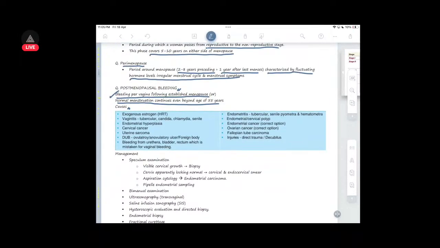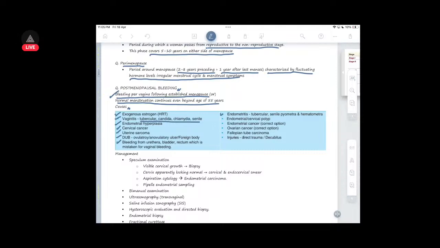Causes may be exogenous estrogen, HRT, vaginitis, trichomonas, candida, chlamydia, senile vaginitis, all of them can occur. Endometrial hyperplasia, cervical carcinoma, uterine sarcoma, dysfunctional uterine bleeding, anovulatory cycles or foreign body. Bleeding from the bladder or rectum, which is mistaken as bleeding from the vagina.